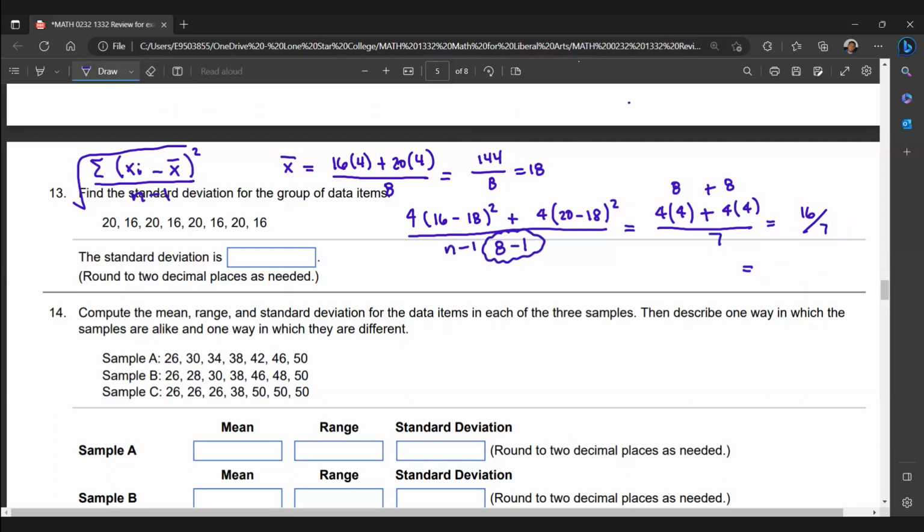Okay, so 16 divided by 7. And in this case, we have 2.2857. And then we have to take the square root of this number.